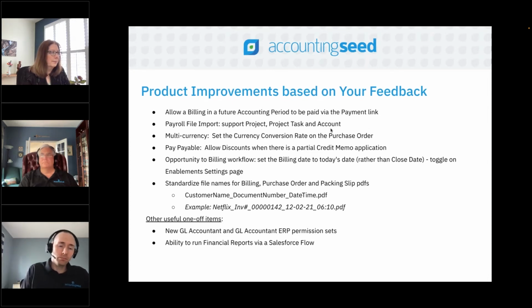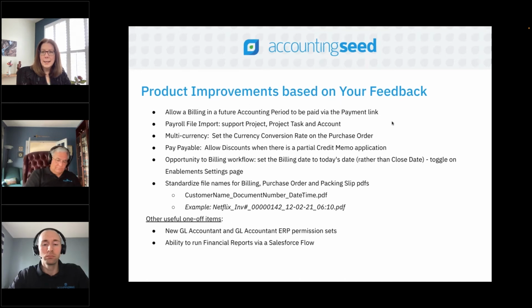Okay. This third item only applies to foreign currency purchase orders, all right? When you have a foreign currency purchase order, what we have been doing is setting the currency conversion rate at the first time you receive on that purchase order, okay?